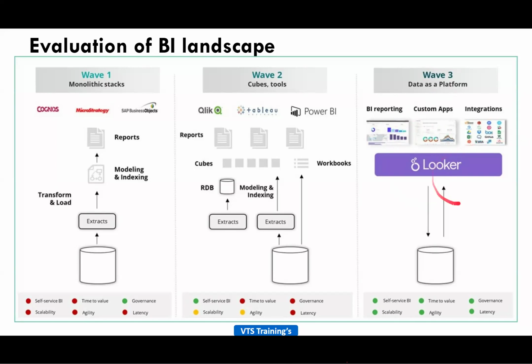It is a Git-integrated platform. The metadata which you are creating, like measures, is not created in the database or in Looker. It is created in the GitLab. The data which you are storing is directly created in the GitLab. So Looker is integrated with Git.